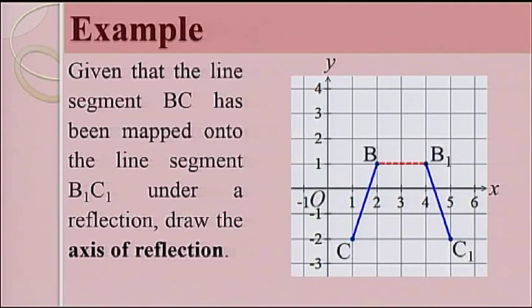Second step, we are going to bisect this line segment. Remember to use your pair of compasses, exactly. And thirdly, you will join the intersection of the two arcs, right? So, here, in our case, the line of reflection or the mirror line or the axis of reflection is the line x = 3.